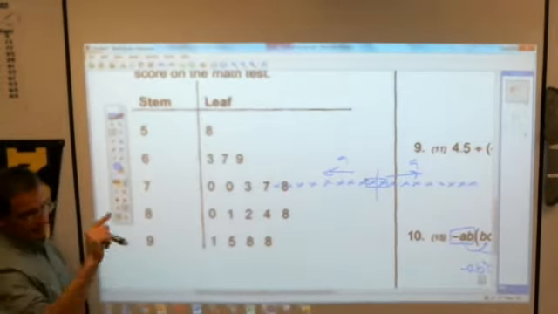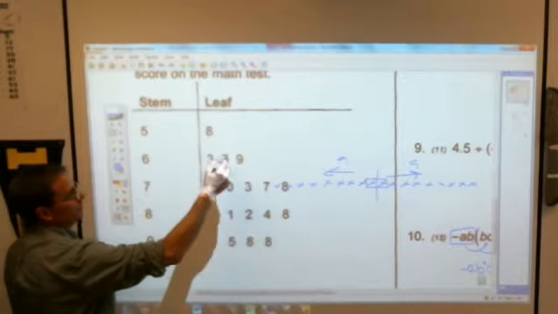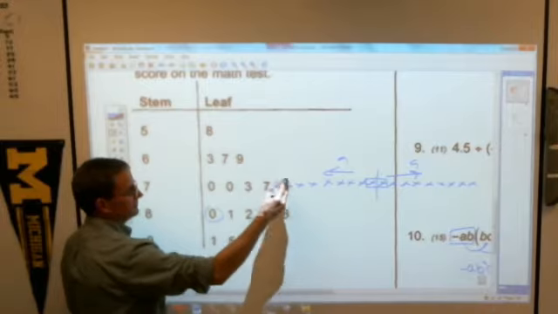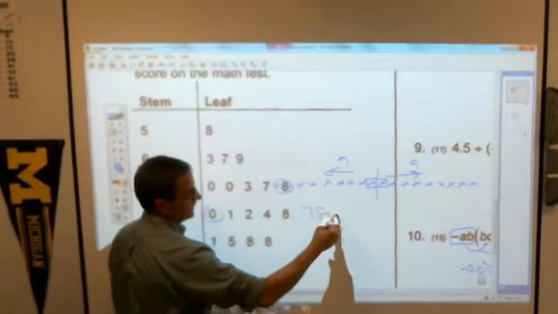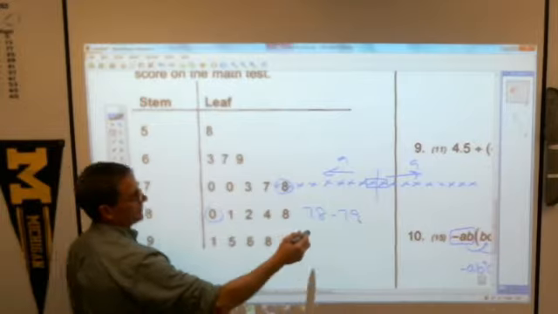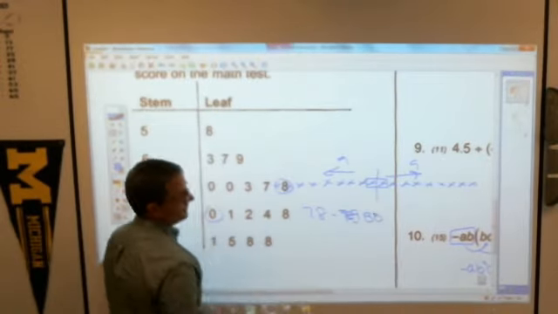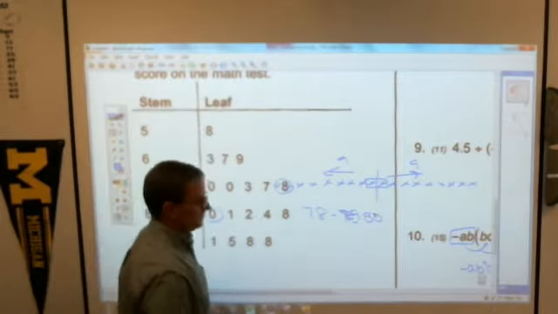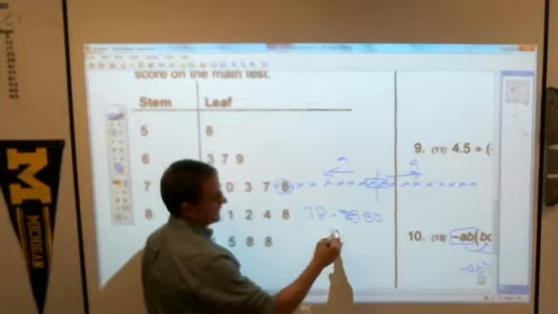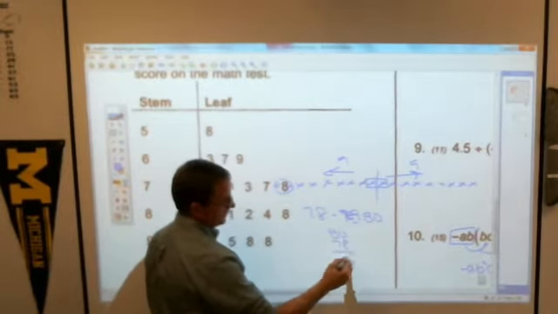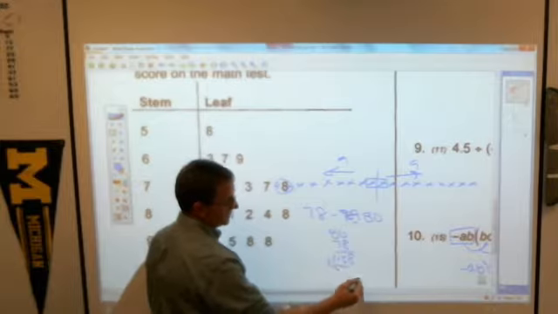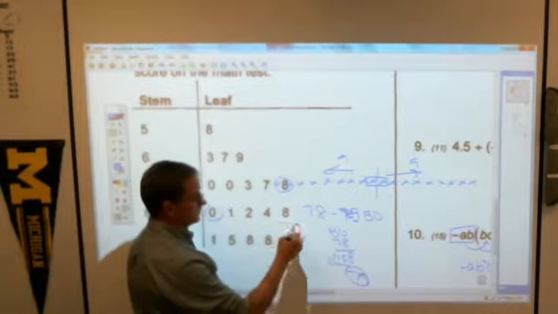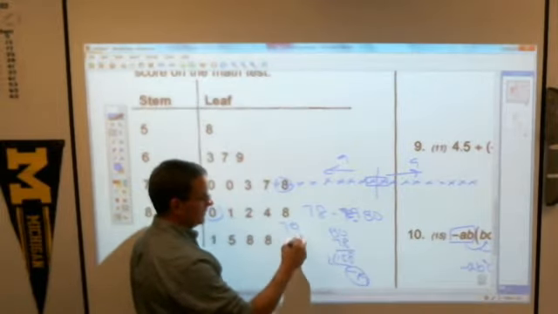So you have to find the 9th and 10th number: 1, 2, 3, 4, 5, 6, 7, 8, 9, and 10. 78 and 79, or 80, I'm sorry. You'd find the average of that, the number right in the middle of those. 80 plus 78 is 158. If you divide that by 2, you get 79. Was that the answer? Did I get that right?